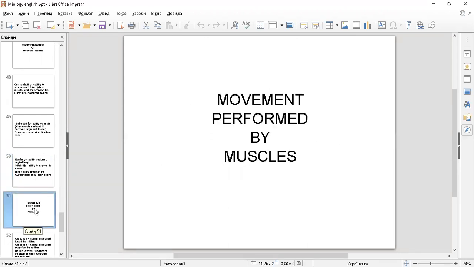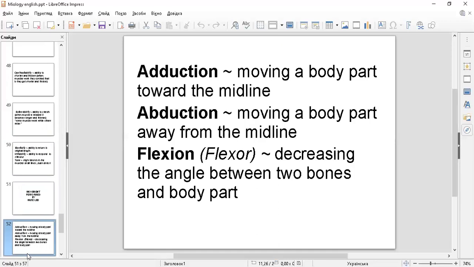Movements performed by muscles. Adduction: moving a body part towards the midline. Abduction: moving a body part away from the midline.